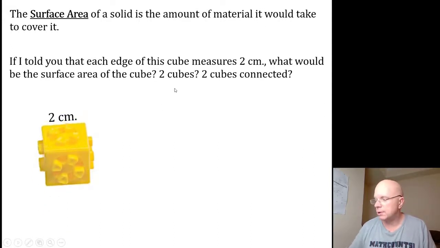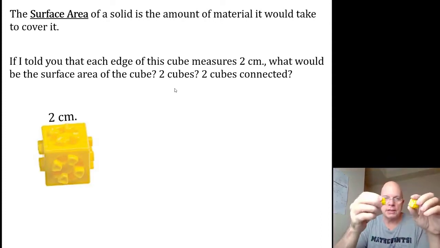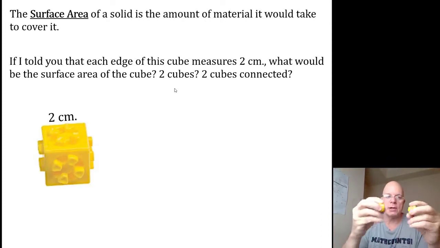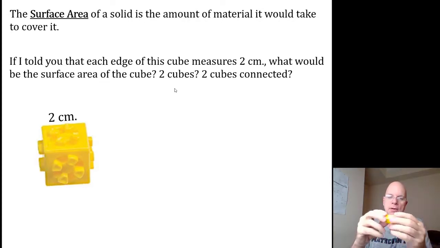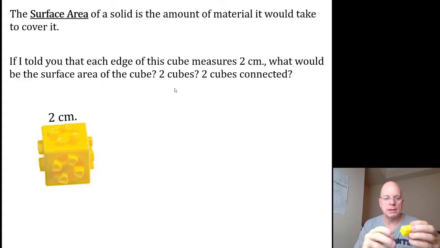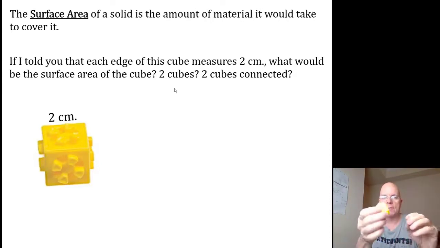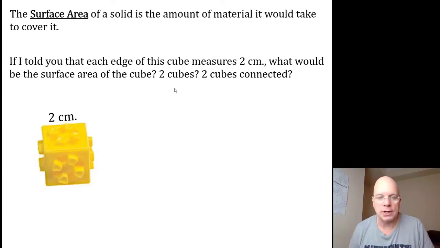If I had 1 cube, 24 square centimeters, 2 cubes, you would need 48 square centimeters, but we talked in the Zoom about if you connected them, now it's not 48 anymore, because 2 of those square faces are no longer on the surface. So you take away that 4 twice, you take 8 away from the 48, and it would be a total of 40. There are 2, 4, 6, 8, 10 square faces on the surface of this, what is now a rectangular prism, when you connect the 2 cubes.